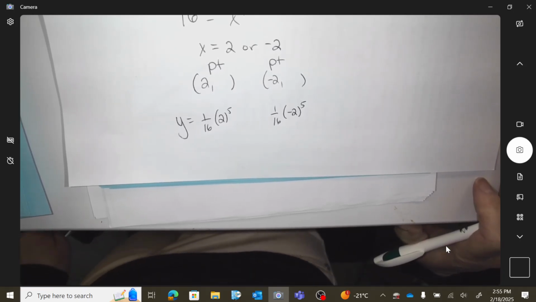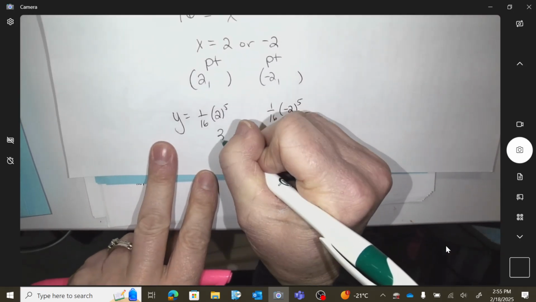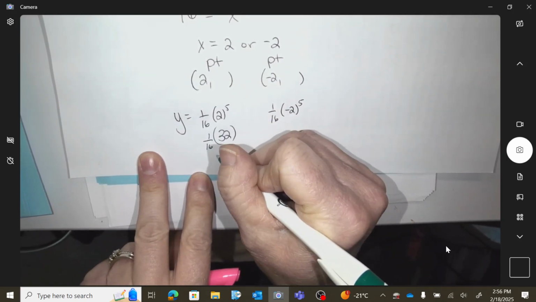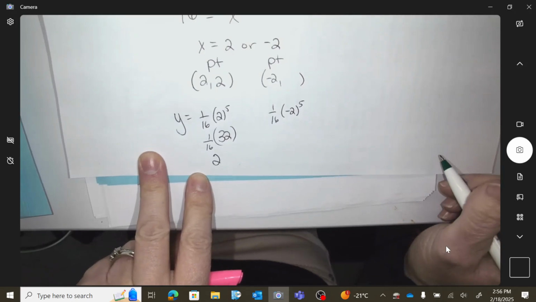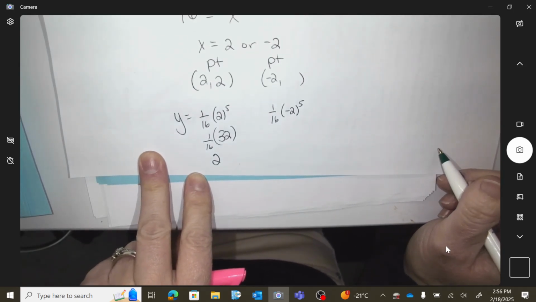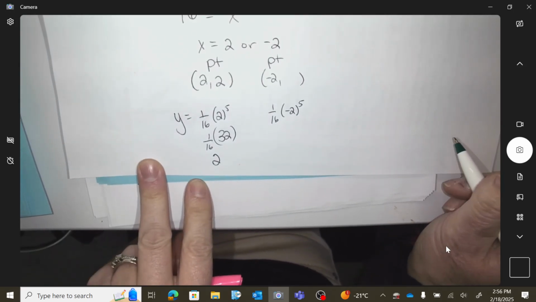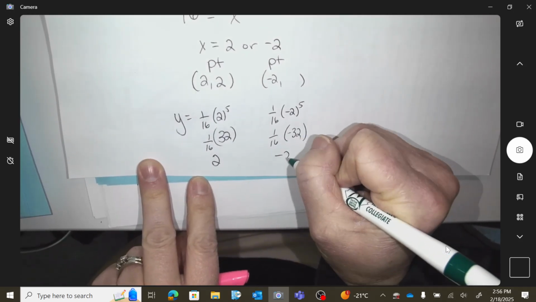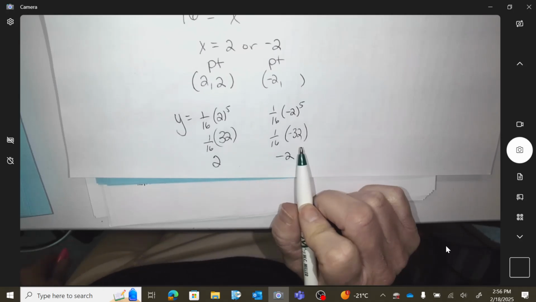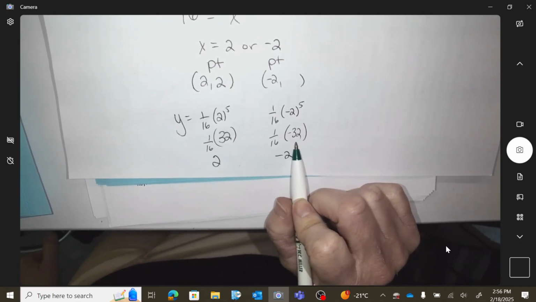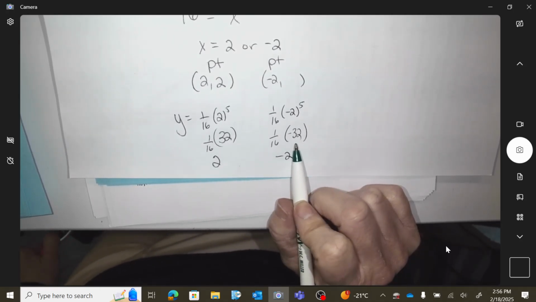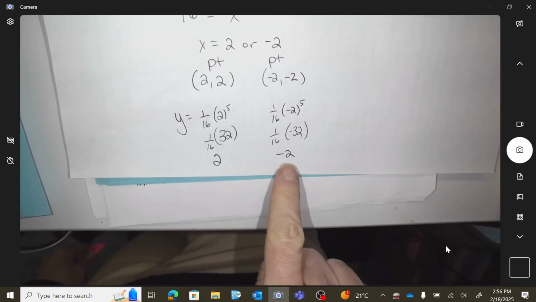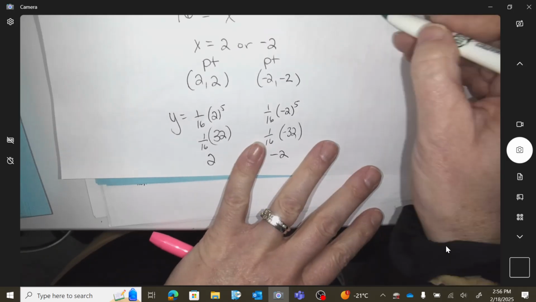What's 2 to the 5th? 32. Which makes 2. And negative 2 repeated 5 times is negative 32 times the 1/16.